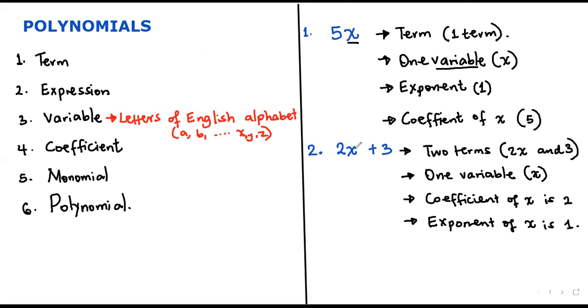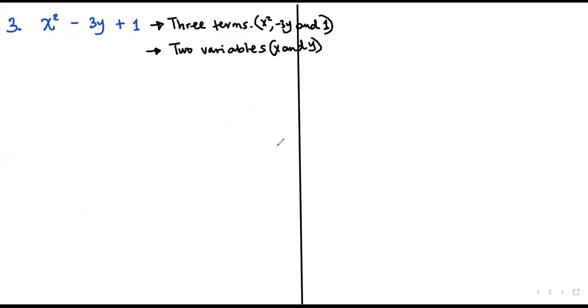In number 2, still we have 1 variable, x. But in number 3, you can see that we have got 2 variables. That is x and y. Those are the 2 variables in our number 3.